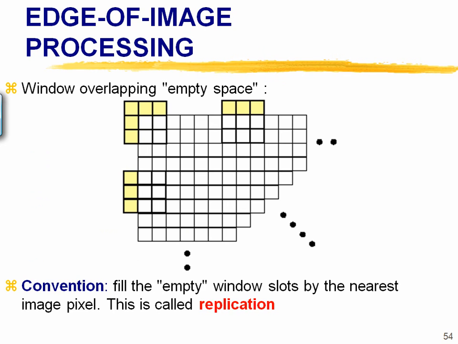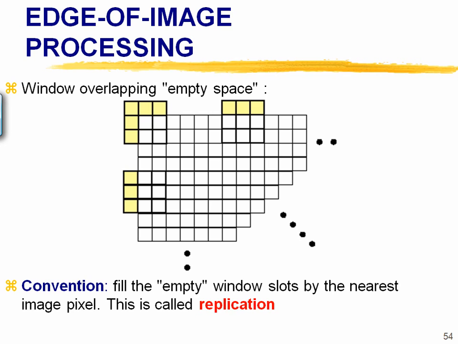All right, which brings us now to the fact that we have to deal with these empty regions, because if I have to start processing using these structuring elements, and if I wish to process the first pixel in my image, a portion of my window is going to sit outside the boundary of the image. So what do I do with the boundary of the image? Okay.